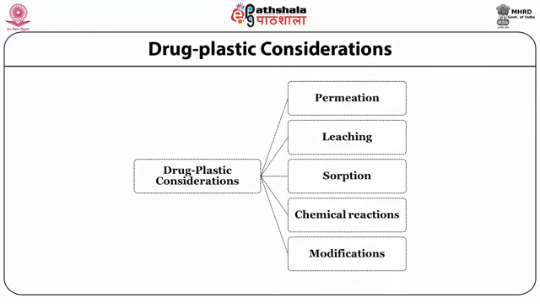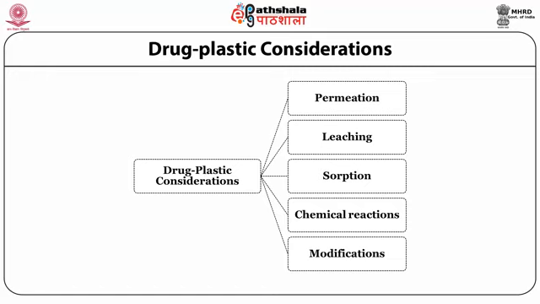Drug plastic consideration. This particular slide is showing the important parameters that one should take into consideration while selecting plastic as a packaging material. Nowadays plastic is one of the most common materials which we are using for the packaging of various pharmaceutical products, and definitely plastic has certain advantages over glass as a packaging material.